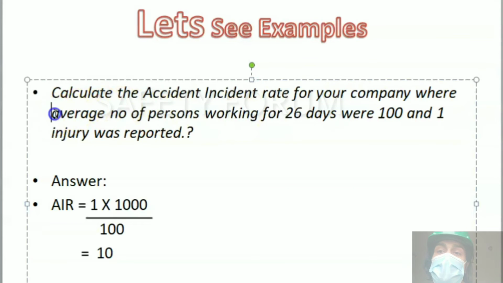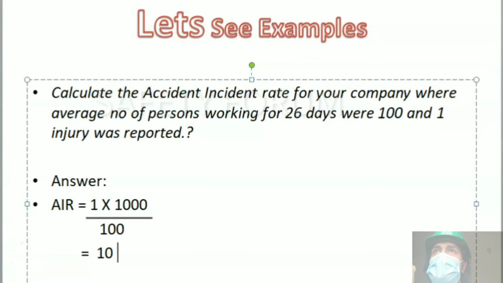So for easiness, I have already calculated for you: average number of persons is 100 for 26 days and 1 injury was reported. So the AIR, which is the accident incident rate, will be the number of reported injury, 1, multiplied by 1000 persons, divided by the average number of persons, which is 100. So when you input it, you will get the accident incident rate as 10 for 1000 employees. This is what the accident incident rate is.